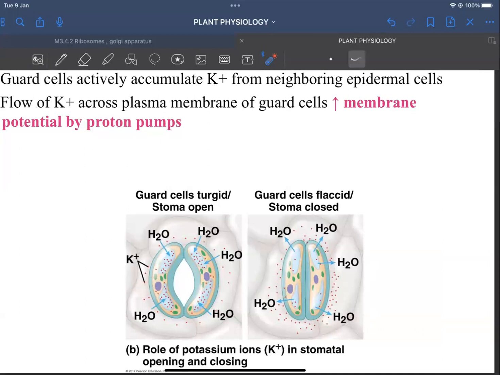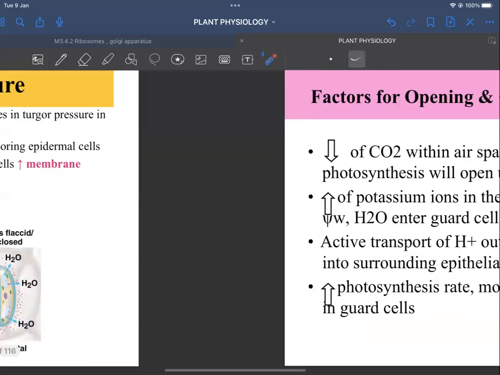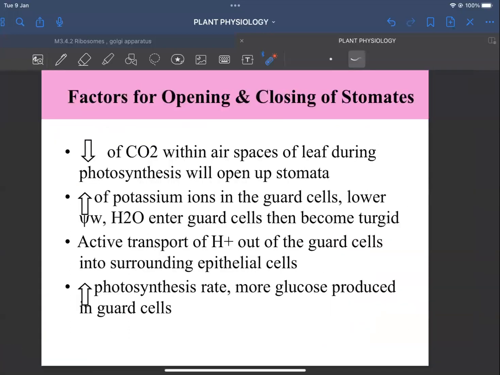The proton pump is responsible for transporting the potassium ion into and out of the guard cells. What are the factors that cause the opening and closing of the stomata? When the carbon dioxide concentration is decreased within the air spaces of the leaf, especially in the spongy mesophyll, during photosynthesis, it is going to open up the stomata.